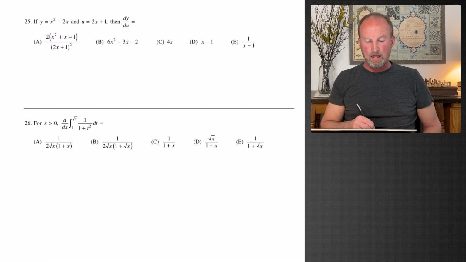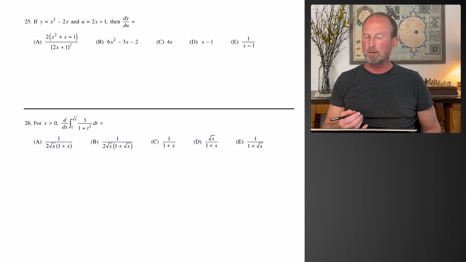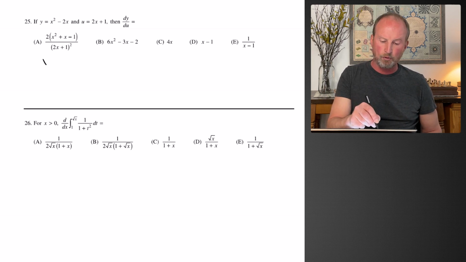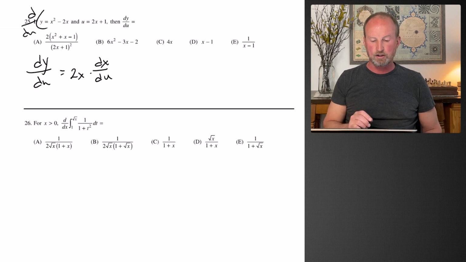25. y equals x squared minus 2x. u is equal to 2x plus 1. Then dy/du equals what? Couple options on how we can do this. I'm just going to take the derivative of y the way it's written with respect to u. So dy/du equals 2 times x times dx/du, because I'm taking the derivative of this with respect to u.